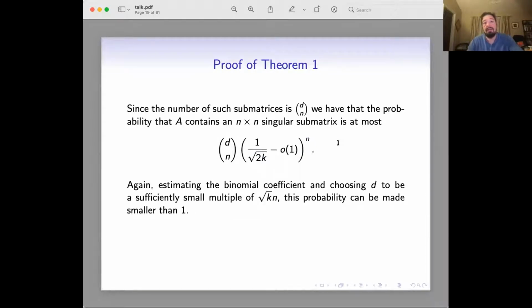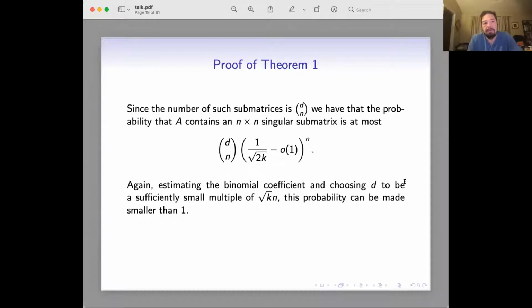So again, using the same estimate and binomial coefficient, we can conclude that we can push D to be a sufficiently small multiple of square root of k times n, and then this probability stays less than 1, which means that there exists a rectangular matrix with no singular submatrix.